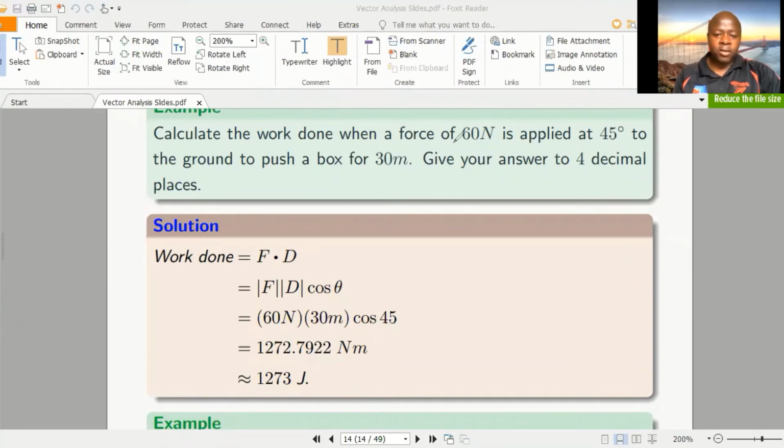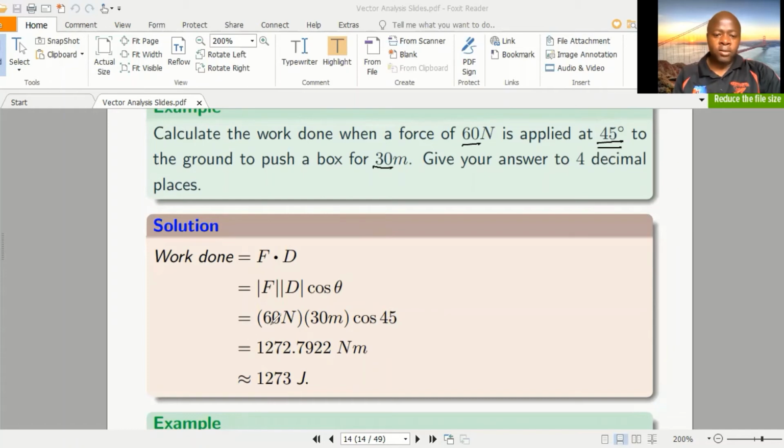Now, this is a dot product, and we know it is defined by the magnitude of force times the magnitude of D times cos theta. Of course, theta has been given to us as 45 degrees. And so the magnitude of force is 60 and our distance is 30. So 60 newtons times 30 cos 45.